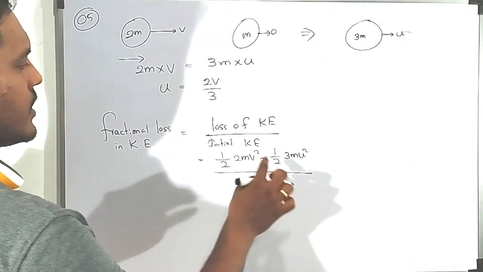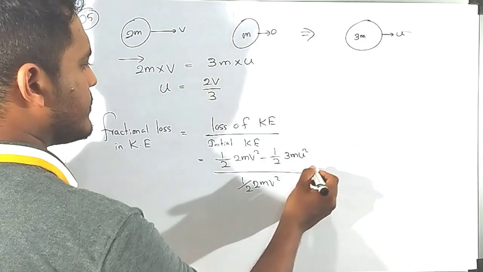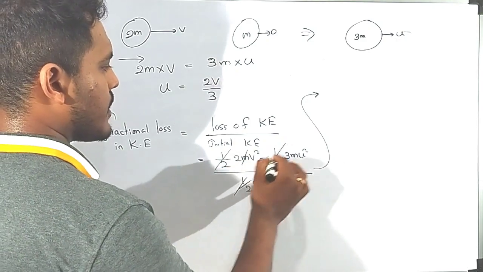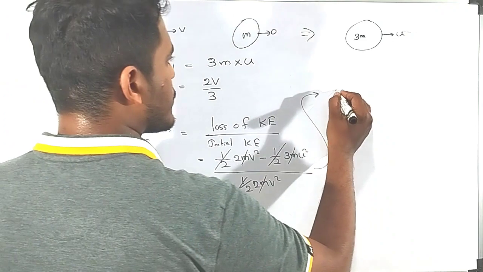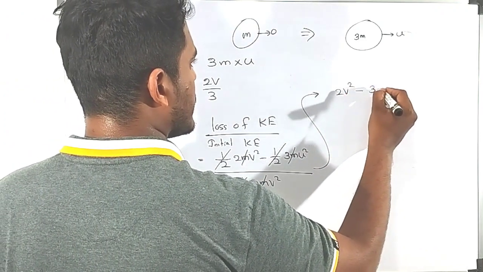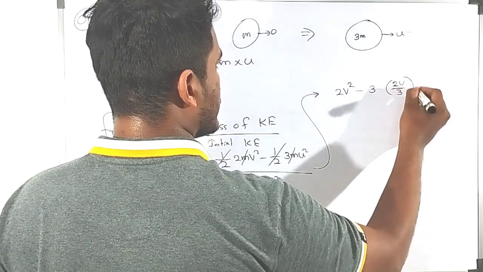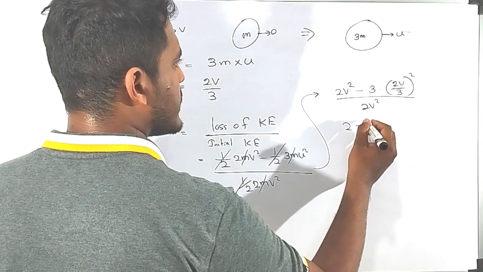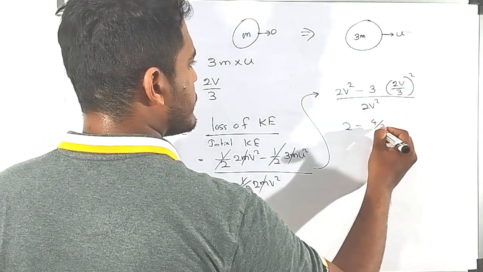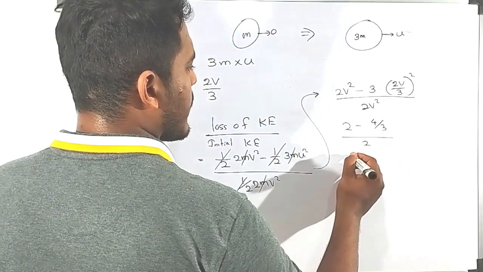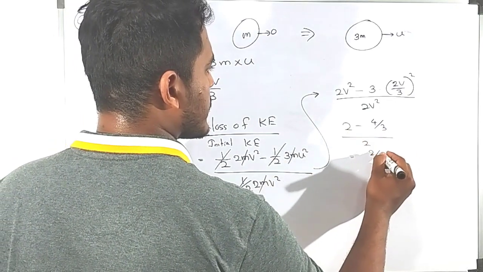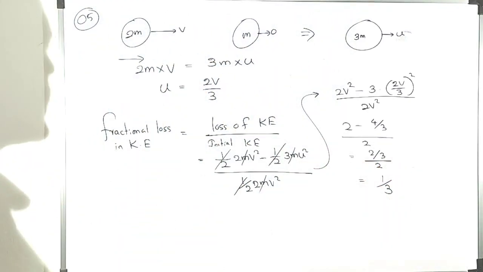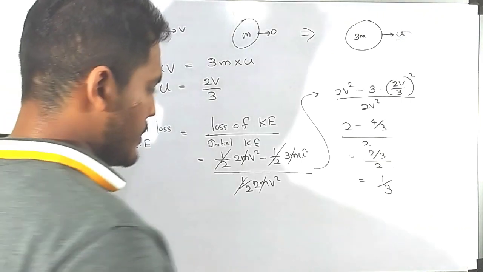Here half cancels, m cancels, so we have 2v squared minus 3 times (2v over 3) squared, divided by 2v squared. Here v squared also cancels, then 2 minus 4 over 3, divided by 2, equals 2 over 3 divided by 2, which is 1 over 3. The fractional loss in kinetic energy will be 1 over 3. Then the answer will be answer number 2.